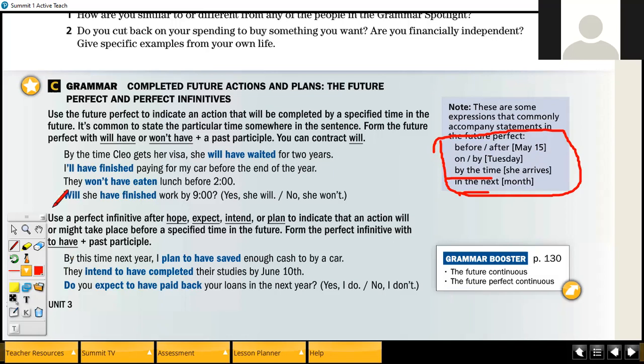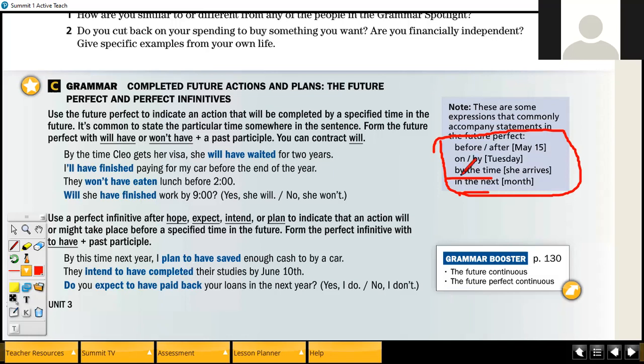It says use a perfect infinitive after hope, expect, intend, or plan to indicate that an action will or might take place before a specified time in the future. Form the perfect infinitive with to have plus past participle.